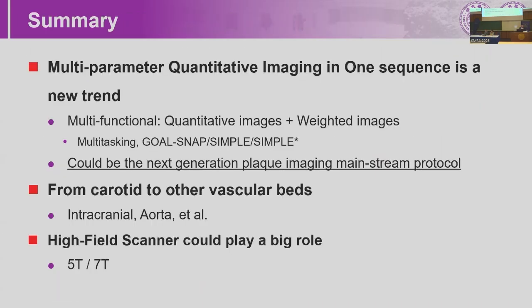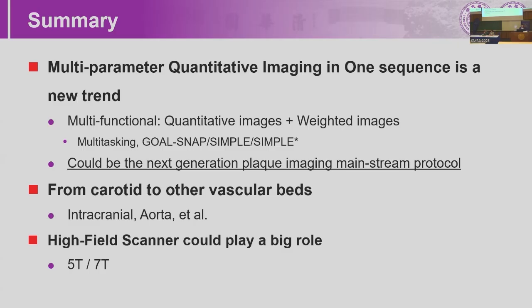So as a summary, I would say multi-parameter quantitative imaging in one sequence could be a new trend in vessel wall imaging because it has multiple functions. You can acquire quantitative and traditional weighted imaging at the same time using one sequence. The major techniques include multitasking, GoSNAP, SIMPLE, and SIMPLE star.